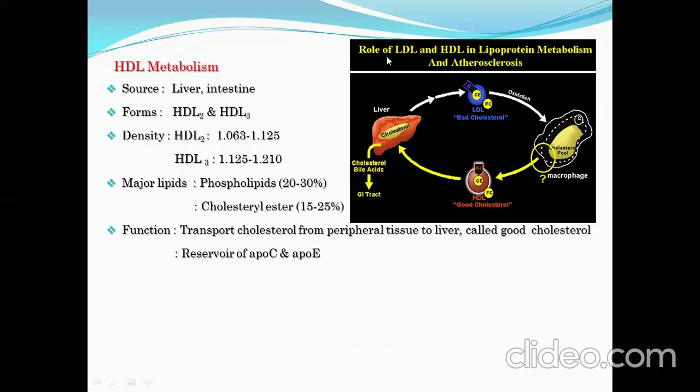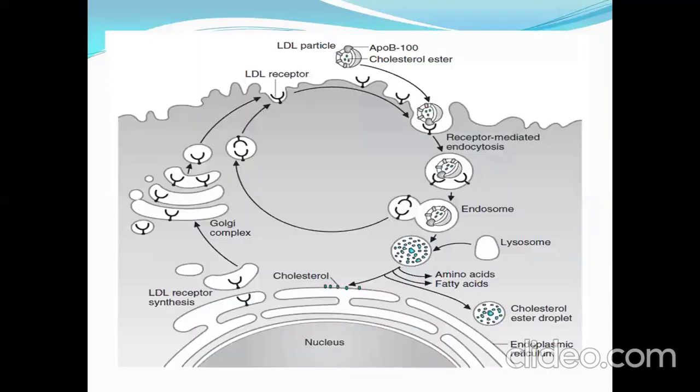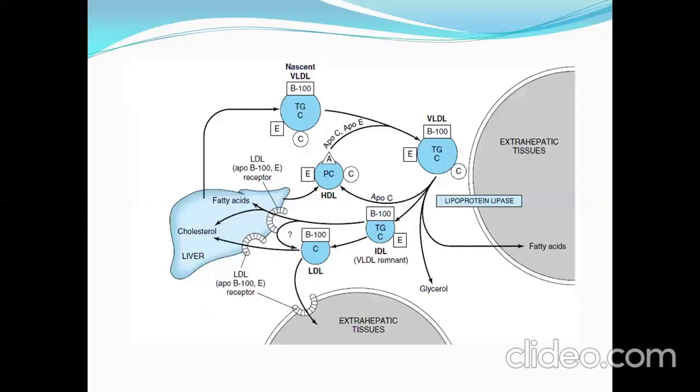You can also call it good cholesterol. The source of HDL is the liver and intestine. Just see the previous pathway. This is the liver, and the intestine is also a source. So the main one is the liver.